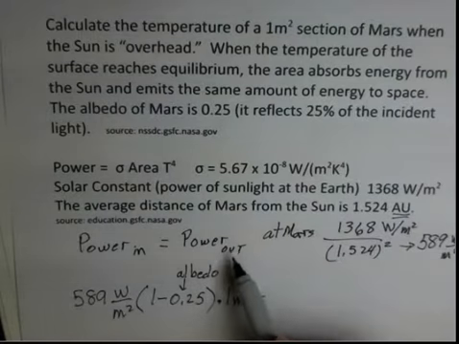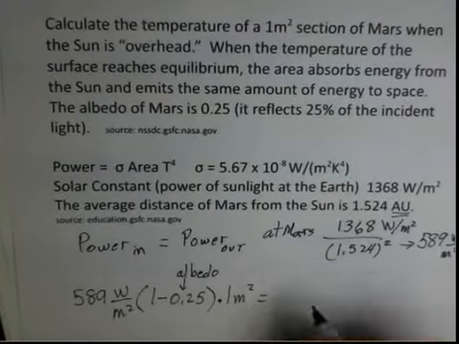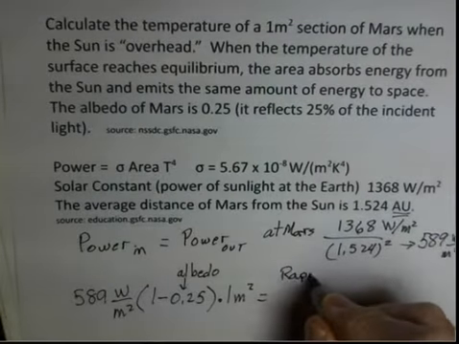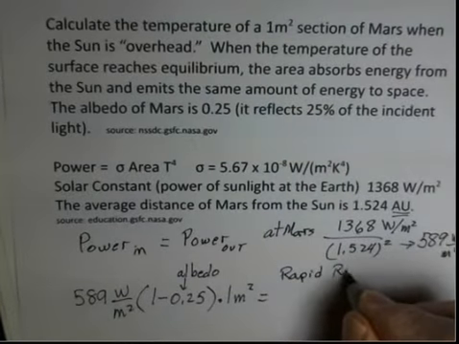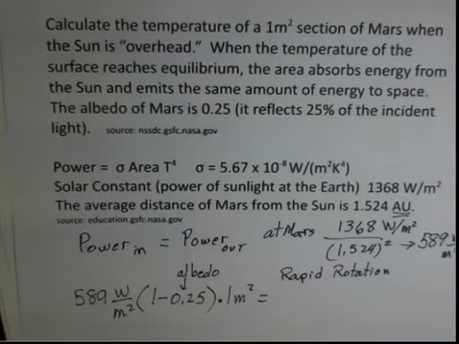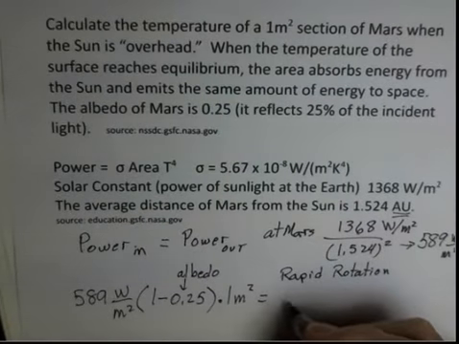For the power going out, we're going to assume that Mars rotates rapidly enough that the whole planet has the same temperature. That's actually not a good assumption, but that's what we're going to stick with here because this is just a simple calculation. So if we have a rapid rotation, or we've got a real thick atmosphere that keeps the whole surface all the way around the planet at the same temperature, then we'll have a constant temperature throughout.